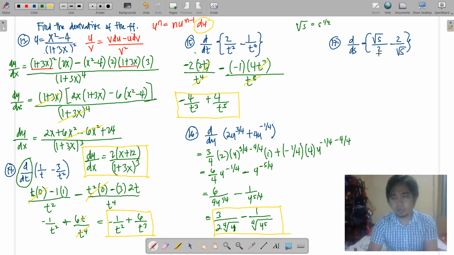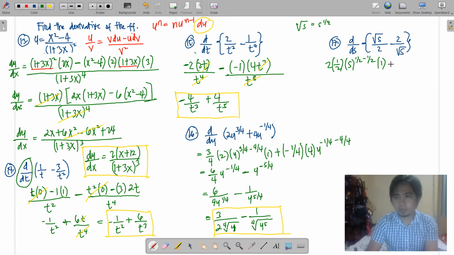v du, what is v? 2. du, differential of the numerator, bring down the 1/2, copy the s. The 1/2 is already there, subtract one, negative 1/2. Okay? ds over ds is just equal to 1. And then minus u dv.